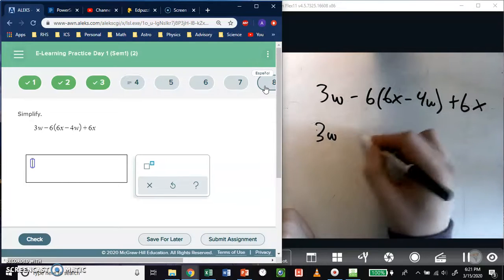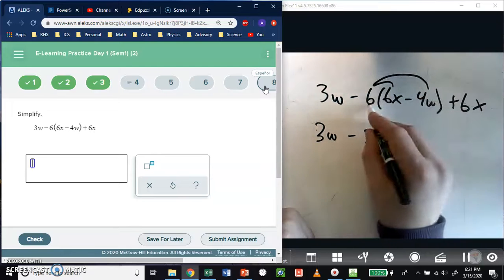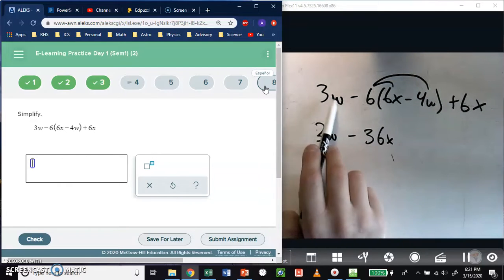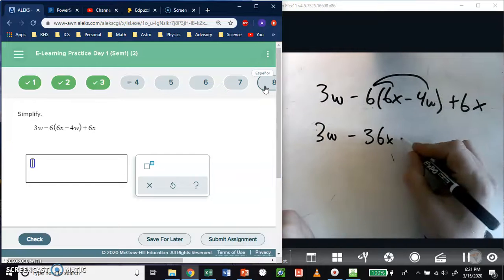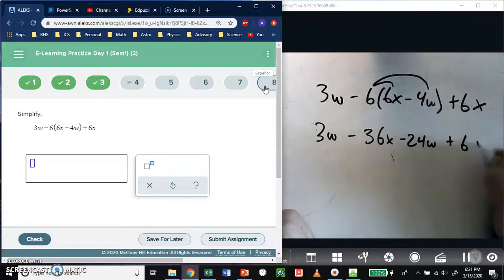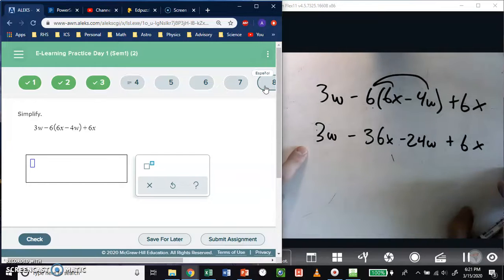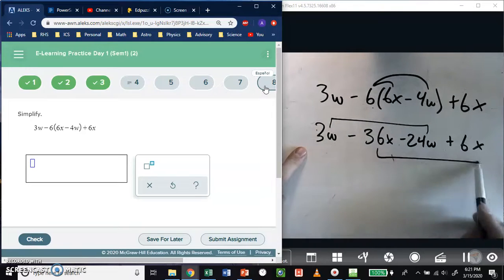So we'll copy 3w minus 36x, which we get by doing 6 times 6x. And then we'll also do negative 6 times negative 4w. So that'd be negative 24w plus 6x. Now, here we need to identify our w's, those are like terms, and our x's, those are like terms.